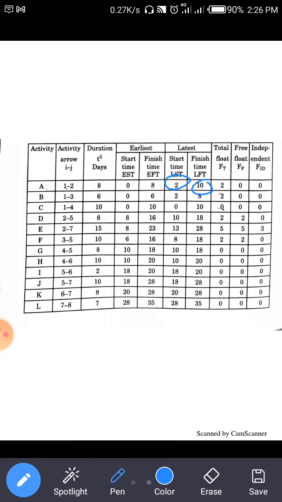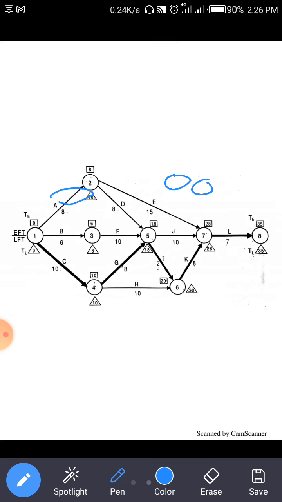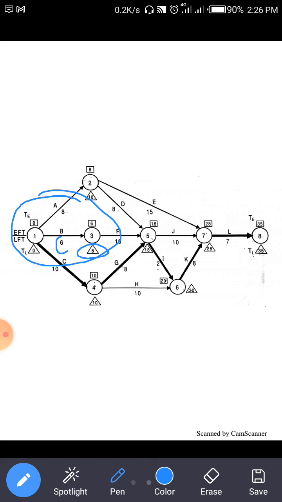Clear? Similarly for activity 1 2 3, from the figure, latest starting time is 8 minus 6, which is 2, and latest finish time is 8. Clear?